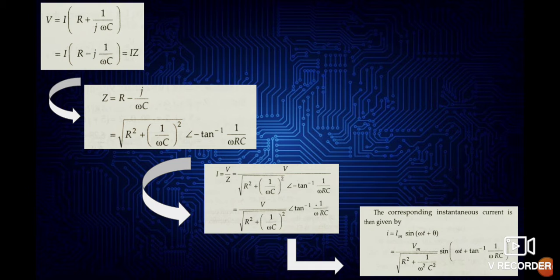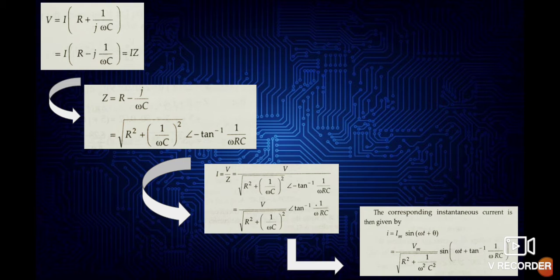Now the current is given by I equals V by Z. We will get it by dividing the numerator by the denominator, that is V by root over of R square plus (1 by omega C) whole square, angle of minus tan inverse 1 by omega RC. So the final equation for instantaneous current will be I equals Im sin(omega t plus theta).